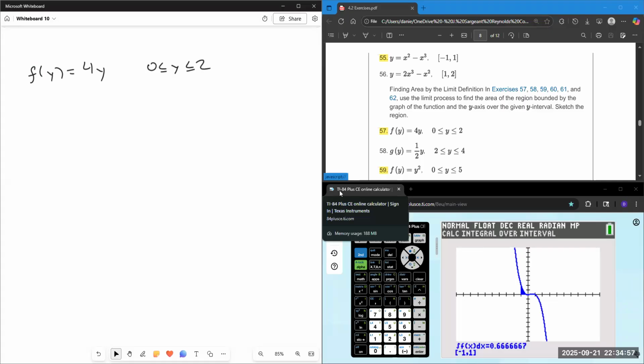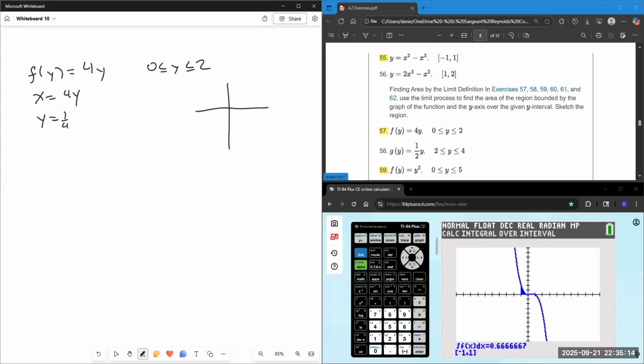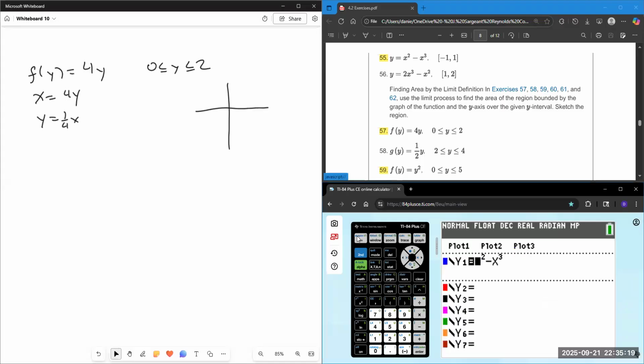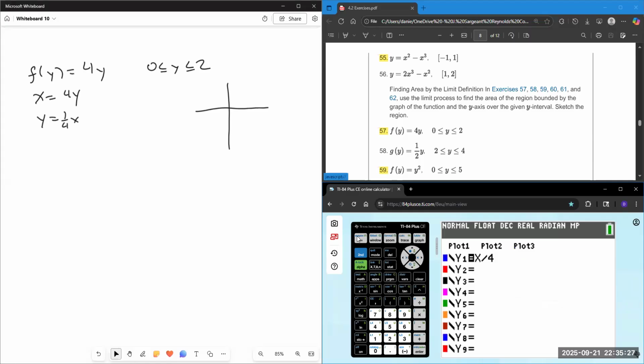Well, okay, so I'm going to have to sketch the graph of the region by hand because we have x equals 4y. That's the same thing as y equals 1/4 x. Let's see here. Y equals x over 4 so that I can get the picture right.